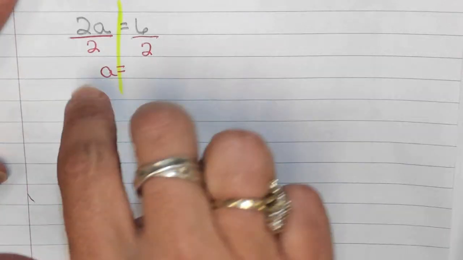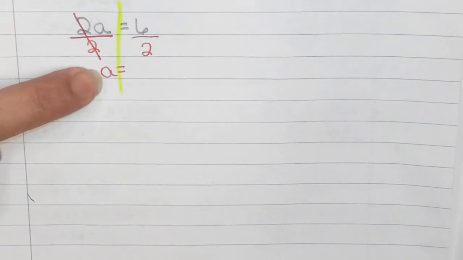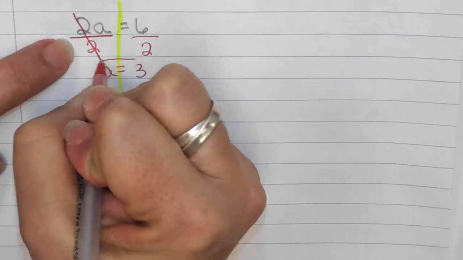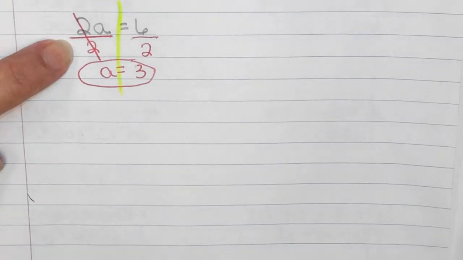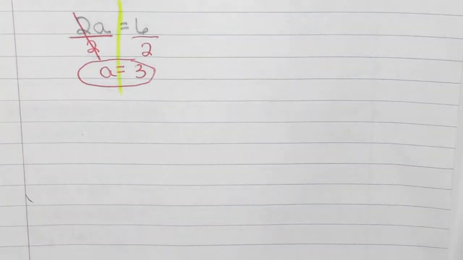So 1 times A is A. That's why these 2 get to go away, leaving you with just an A on that side. 6 divided by 2 is 3. Then circle your answer. Now, you have to show all these steps. I do not know why you wouldn't be writing this down with me.